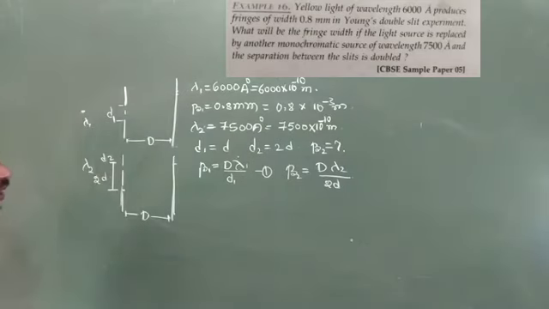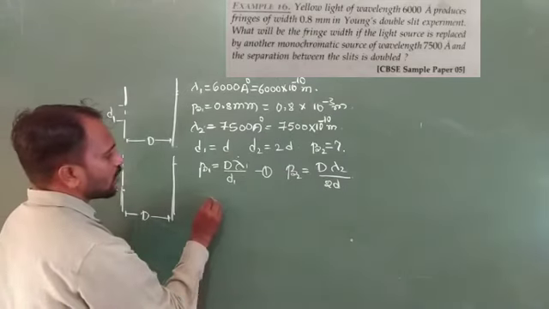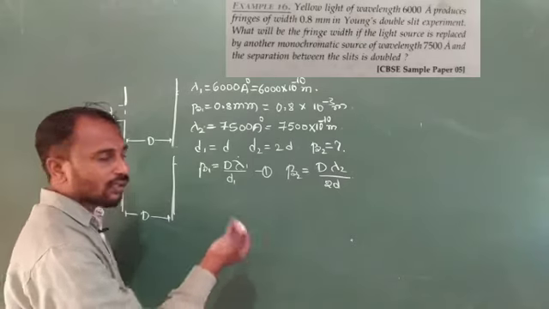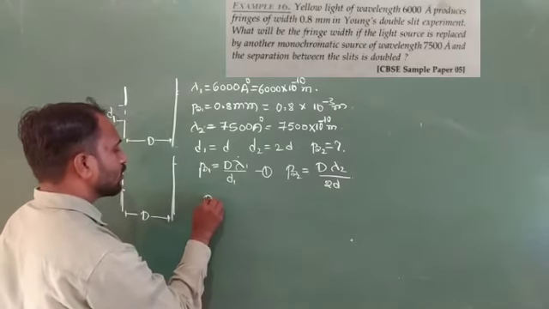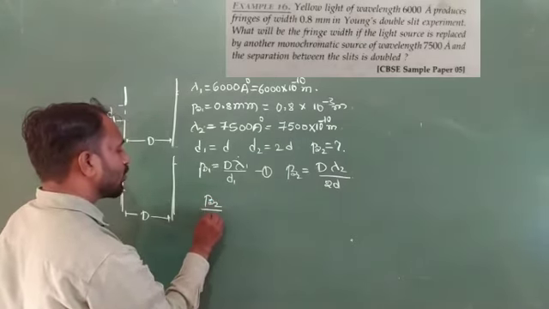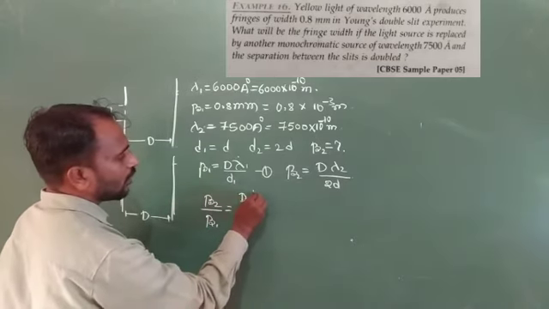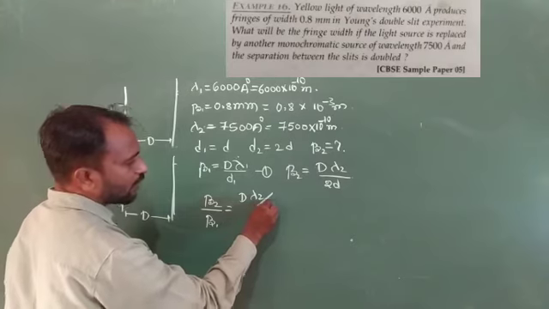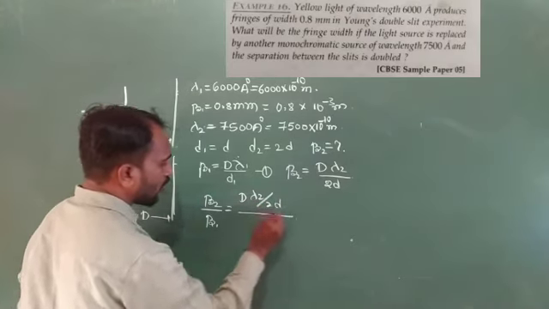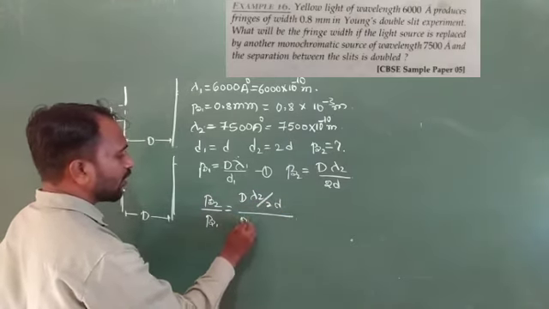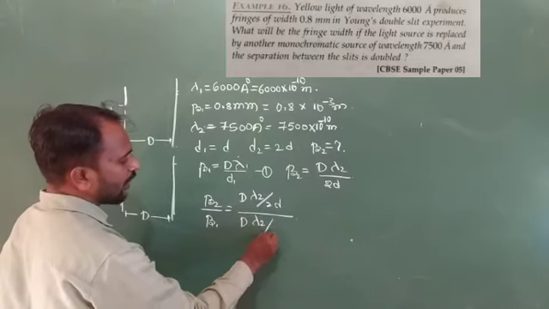Dividing equation 2 by 1, beta 2 divided by beta 1 is equal to D lambda 2 divided by 2d, whole divided by D lambda 1 divided by d.